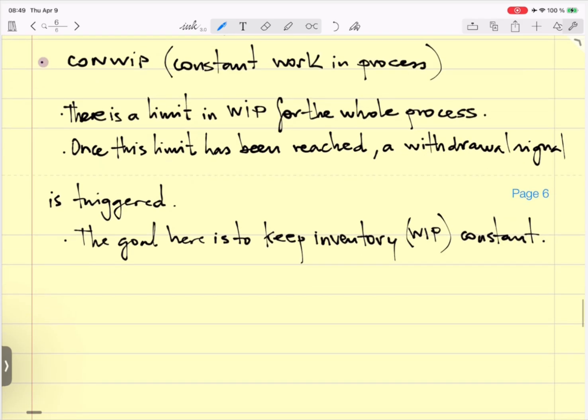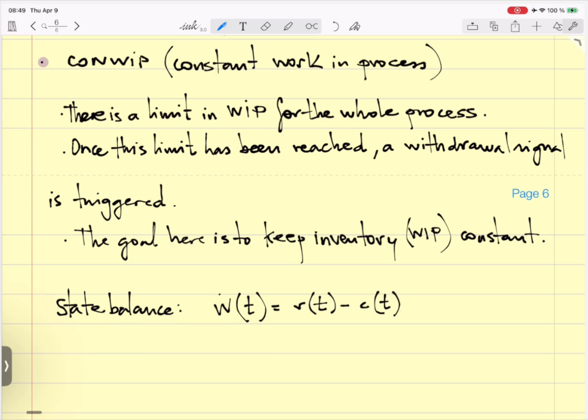So the state balance is like this: W dot, the work in progress rate, equals R of t minus C of t. Remember, R small is a release rate and C is a completion rate, as we saw above, and we are going to use a release rule.